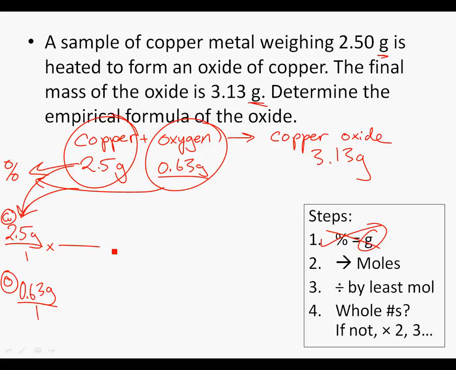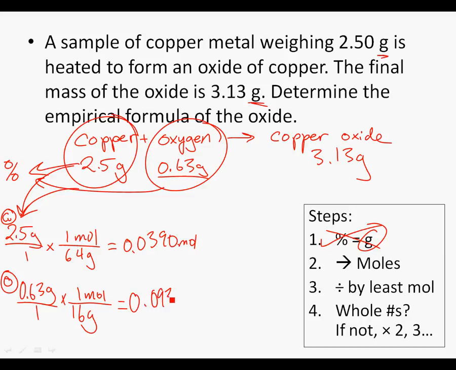Step 2, we're going to want to do molar masses. So you really should use 63.5 for copper, but I'm going to use 64. It's not going to make a big difference. And for oxygen, it's 16 grams. When we do that out, we're going to get 0.0390 moles of copper and 0.0393 moles of oxygen. I keep messing up the numbers.